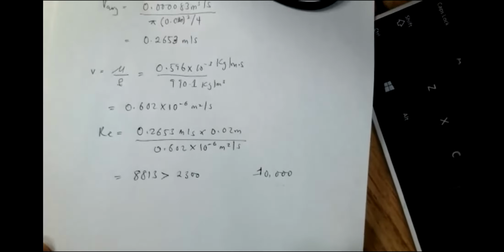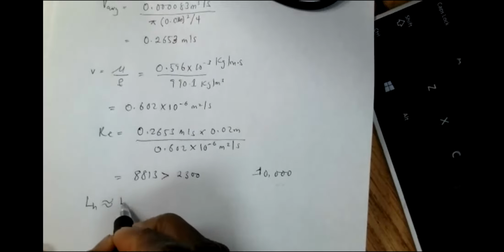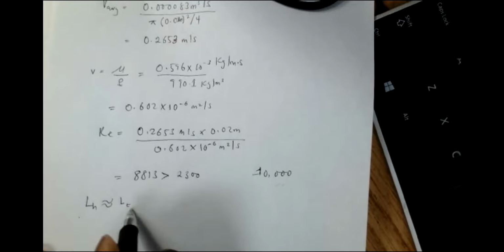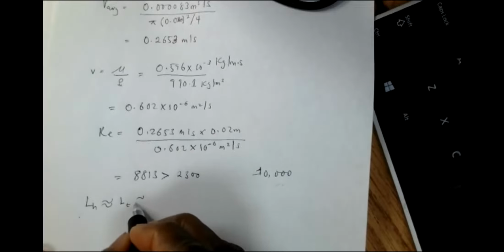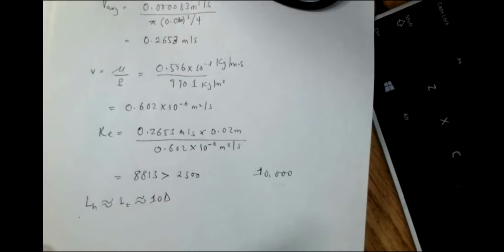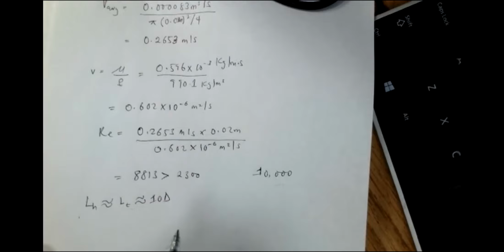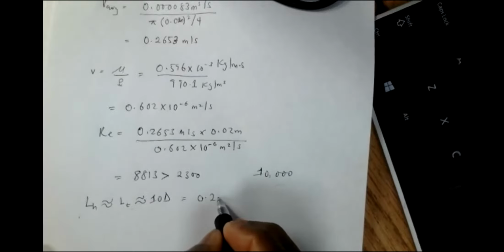Okay, so we can assume that this is turbulent. We can do a quick test just to see. We can use this expression just to do a quick test and see that if we assume that these all happen at the same region, and we know that this is going to be close to this value, and we already got our diameter to be 0.02 meters. If you multiply 0.02 meters by 10, you get 0.2 meters.